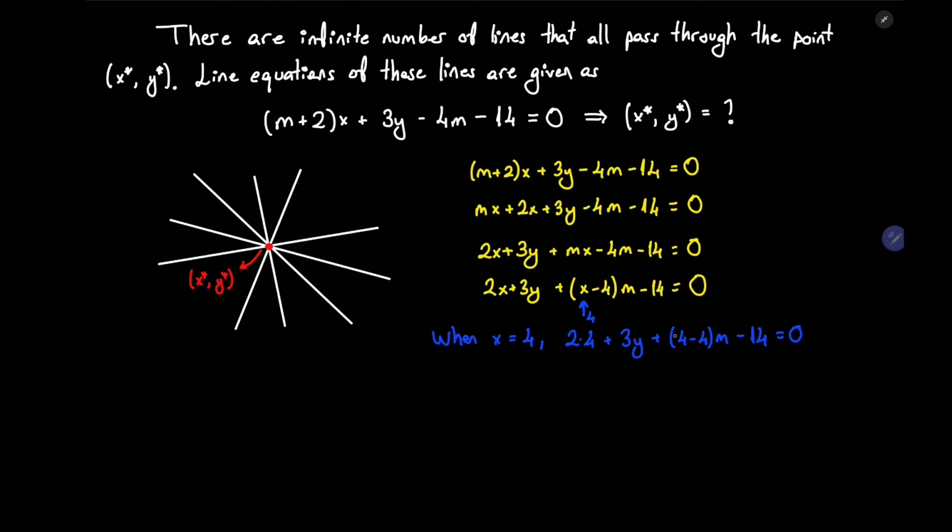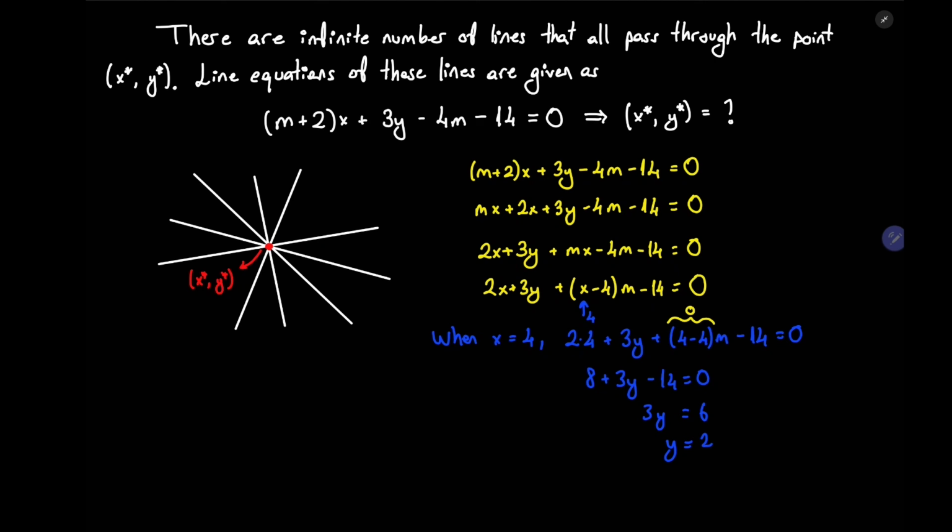Here, as you can see, this value is 0, so there is no m value in our equation. We will have 8 plus 3y minus 14 equals 0, which means 3y equals 6 and y equals 2.